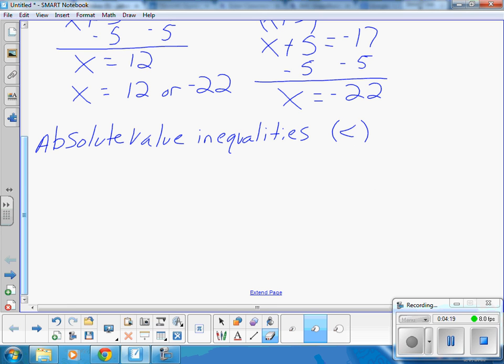I really can't put those lines there because you'll think it's less than or equal to, but it's just less than or less than or equal to. But it's absolute value inequalities when we are less than.